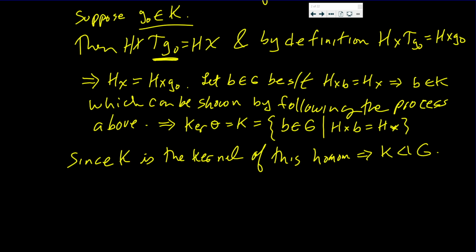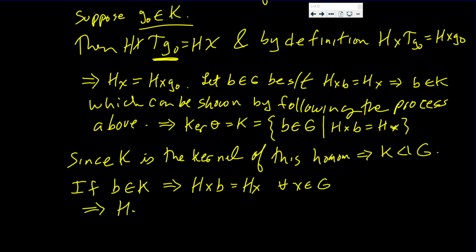Okay, so I'm going to show that K is in H. If B is in K, that implies that HXB is equal to HX for all X in G. That implies that HEB is equal to HE.